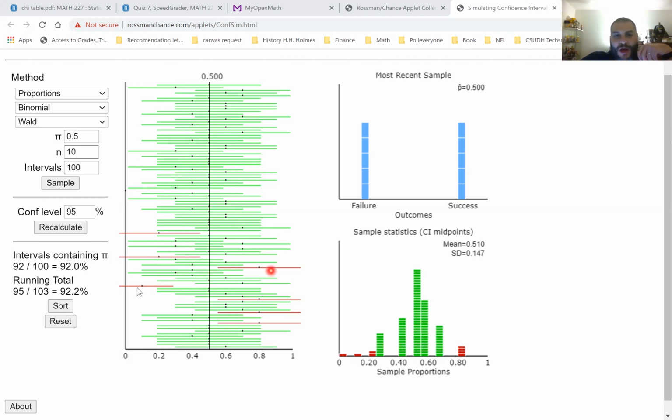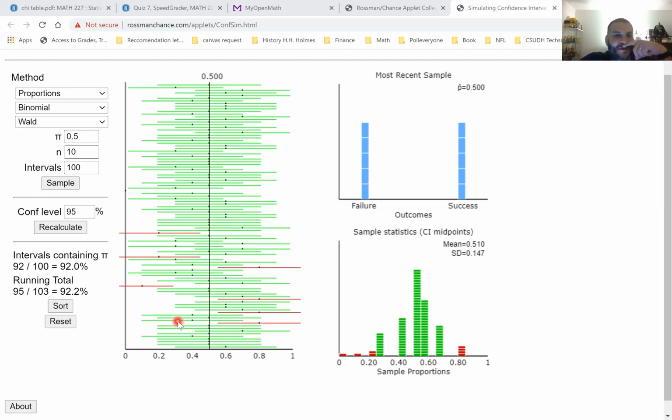So these red ones are all the ones that missed the parameter, because the parameter is this vertical line right here. Theoretically, when you flip a coin, it should land 50% on tails, 50% on heads. So these red ones completely missed this line. That's why they're red. They're telling us these did not capture the parameter. The green ones did capture the parameter.